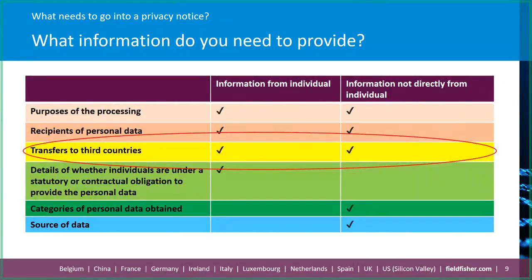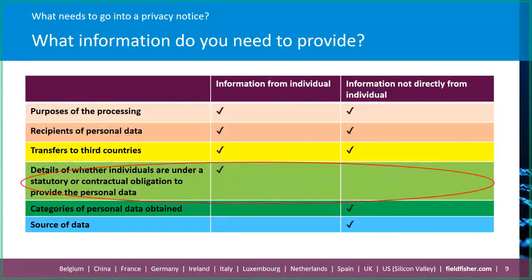Are there standard contractual clauses in place, which are contracts approved by the European Commission for the transfer of data outside of Europe? Or are there any binding corporate rules in place, which is a set of terms agreed by a group of organisations for the transfers of personal data, and which are reviewed and approved by relevant data protection regulators?